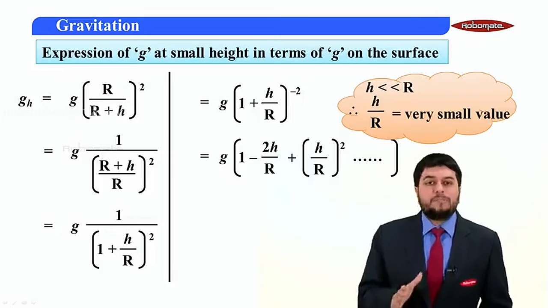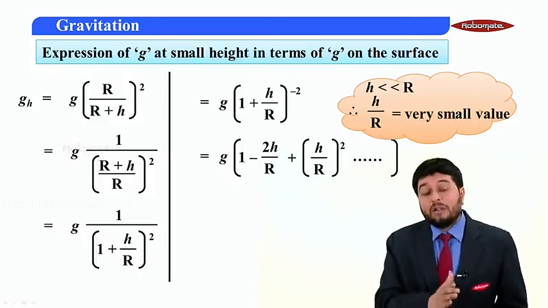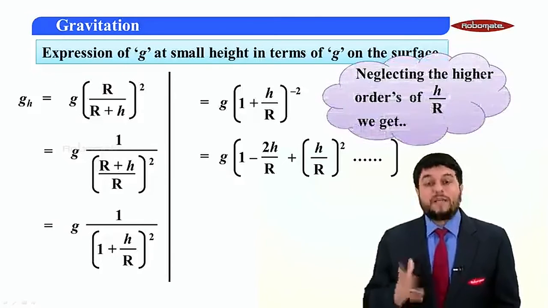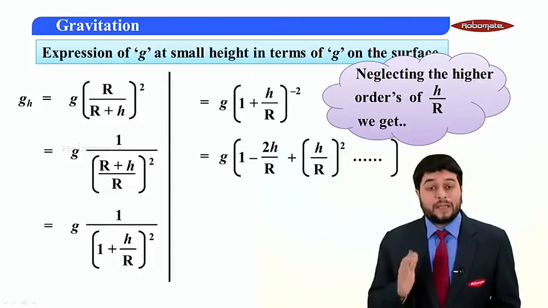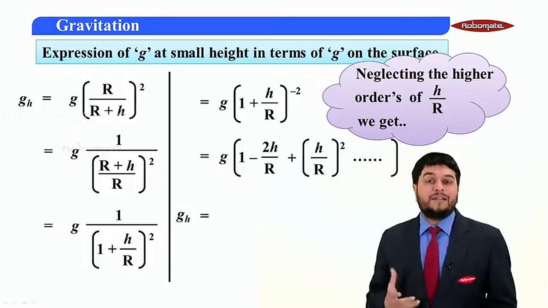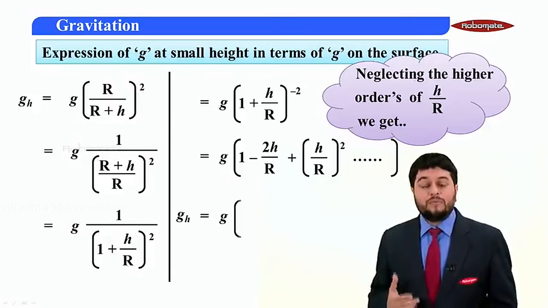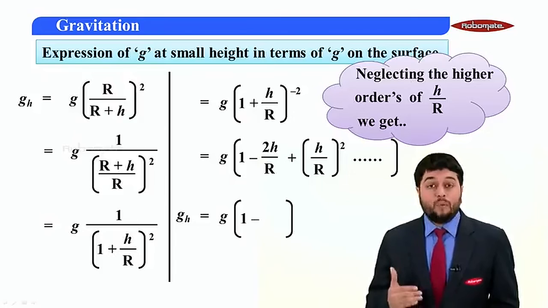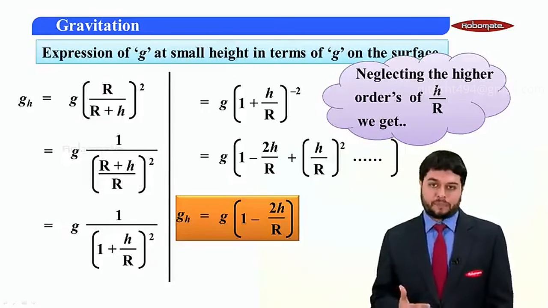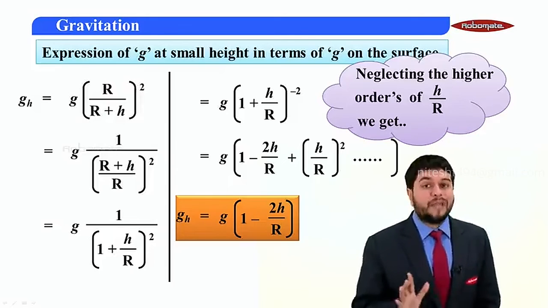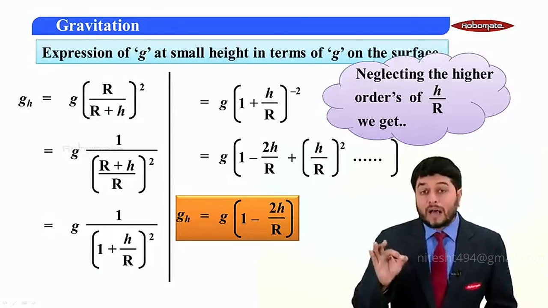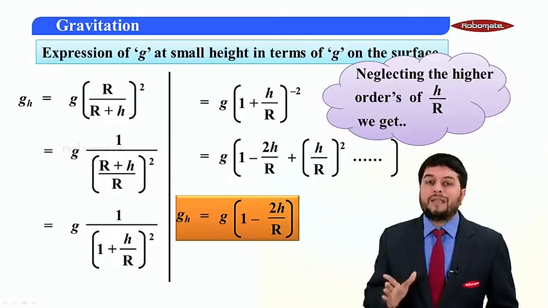So approximately neglecting all the higher orders of h by R, what do I get? If I neglect (h by R) the whole square, (h by R) the whole cube and so on, I get finally gh is equal to g into (1 minus 2h by R), which is nothing but the approximate formula for acceleration due to gravity at a height which is a very small height considered.